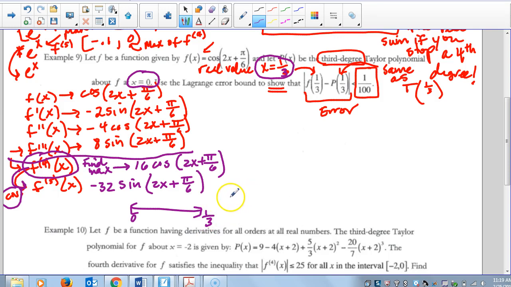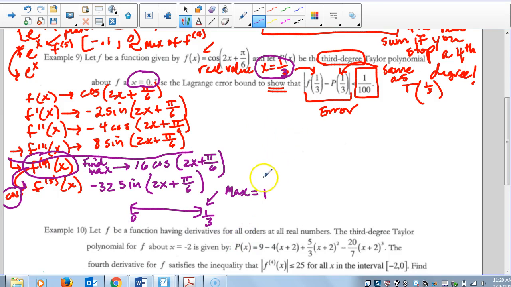So if I do cosine of 0, now again, this is cosine, sine. I don't really have to do this. If I didn't have cosine or sine, I'd have to figure out which of these two is bigger and whatever critical number's in there. But in this case, I can use either, you can think of it as cosine of 0, or worst case scenario for sine or cosine is the max is 1. So that's a good rule of thumb. Sine and cosine, you kind of already know the max.